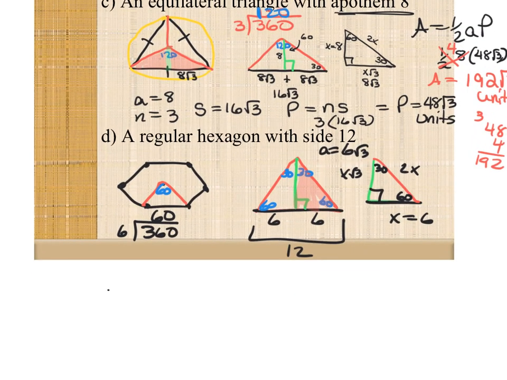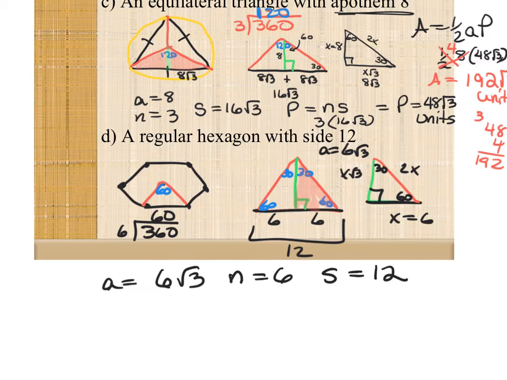So now my apothem is 6 square root 3. The number of sides in a hexagon is 6, and my side length was given to me, and it's 12. When you have a regular hexagon, the side length and the radius length is going to be the same.